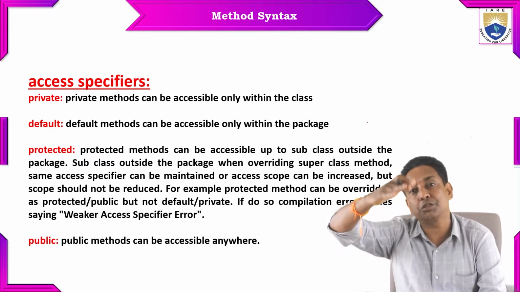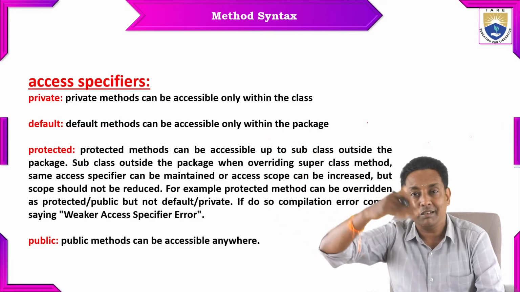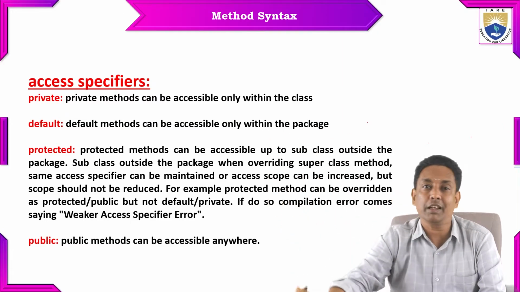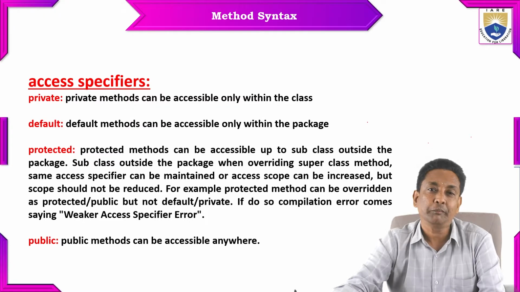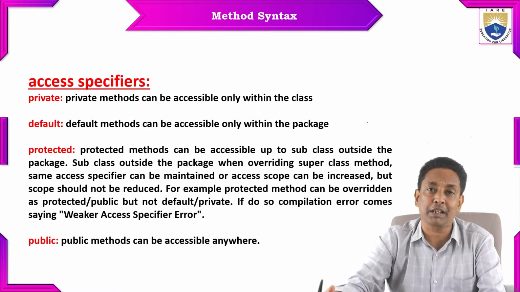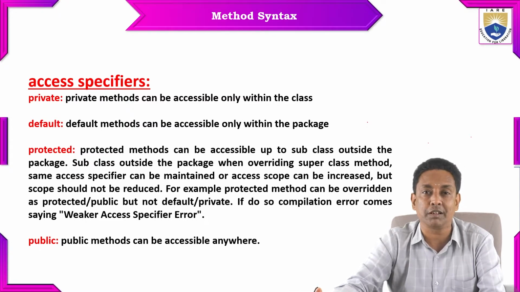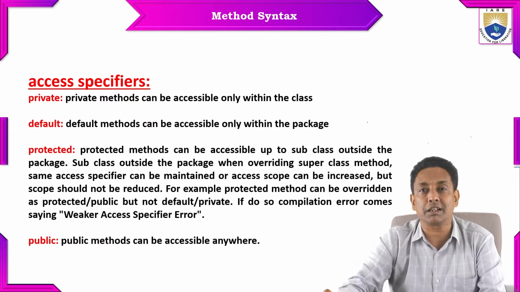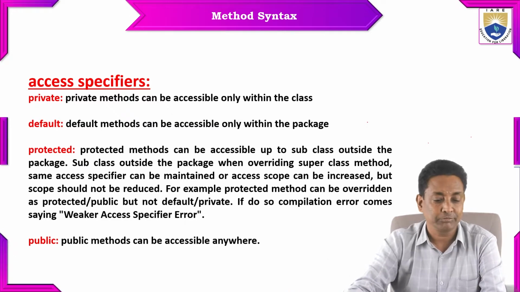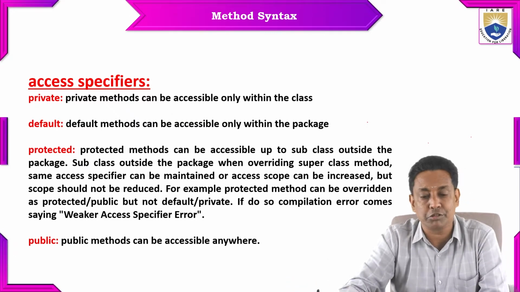But whenever the class goes outside of the package, the default specifier method cannot be called. Placing a default access specifier method in a public class restricts the method to be used only within the package but not outside it. That developer has to choose.